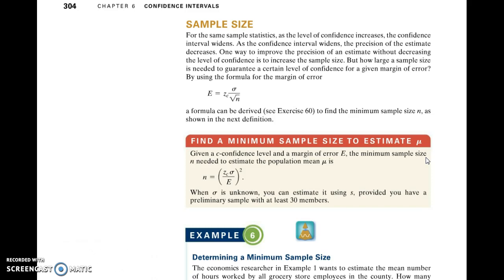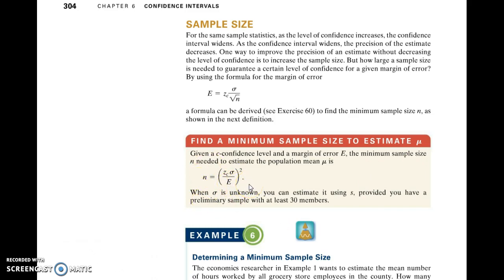And so this video is about getting that higher level of confidence, but not expanding the interval, keeping the interval smaller so that we get more useful information out of it. And the way we're going to do that is by increasing our sample size. So here's the formula we're going to be using.